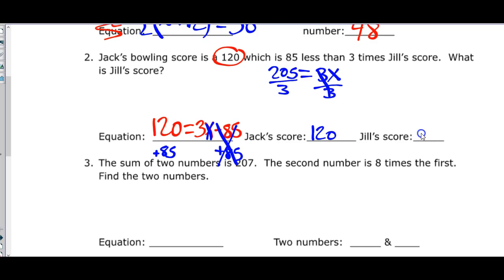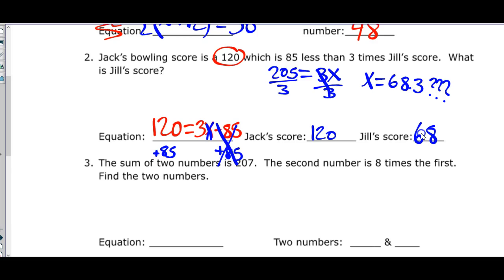I don't know how you bowl a decimal score. 205 divided by 3 is 68.3. I'm going to say 68 is Jill's score, just because it has to be a whole number. So, sorry about that.